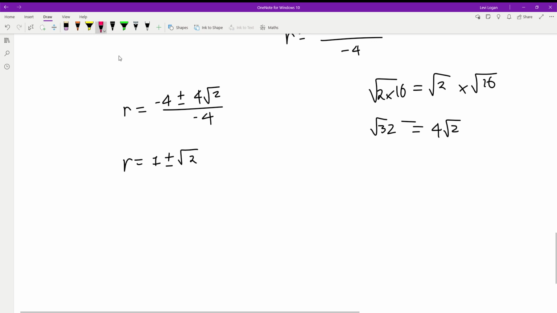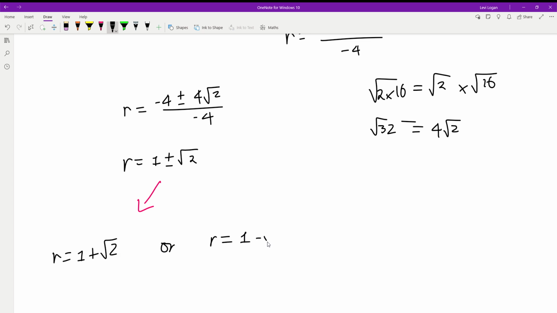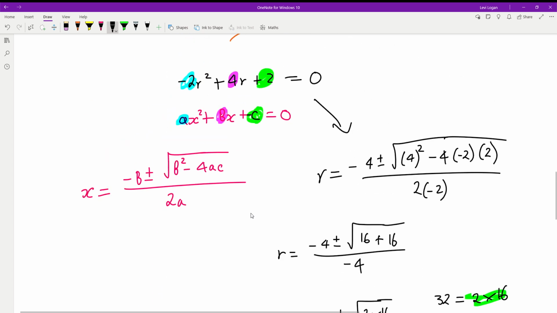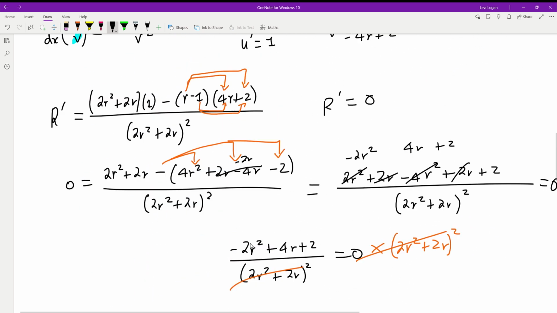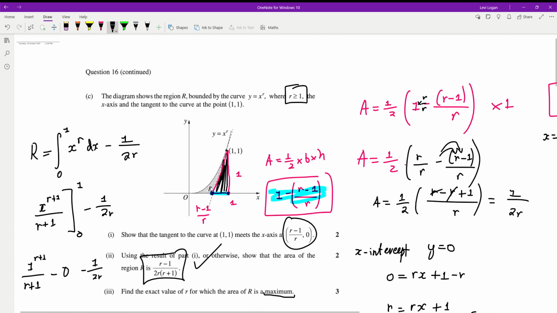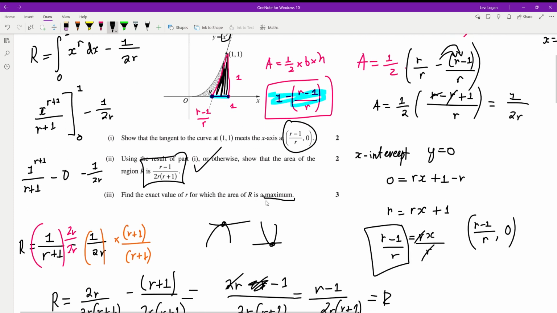What this notation is saying is that r is equal to 1 plus the square root of 2, or r is equal to 1 minus the square root of 2. Now, one of these will minimize the area and one of these will maximize the area, because the area is going to change with r, and we want to maximize it.